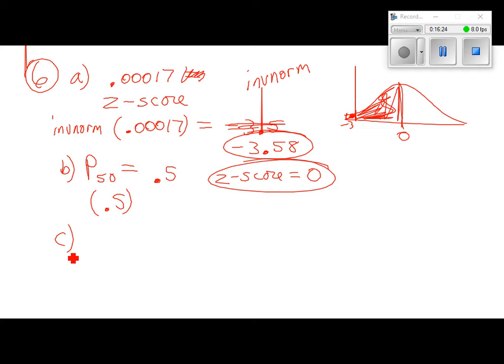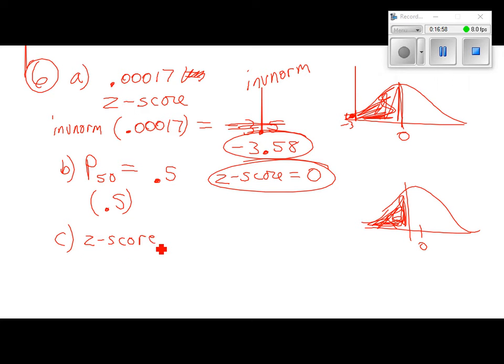Part C, 47.21% of the distribution is to the left. So we're looking at this curve, we want 47%, remember on our standard normal chart, our Z chart, 0, we want 47% to be to the left. Somebody give me a guess, where should we be about at? Should we be in the positives or negatives? Negative. We should be in the negative, so our z-score should be a negative something.